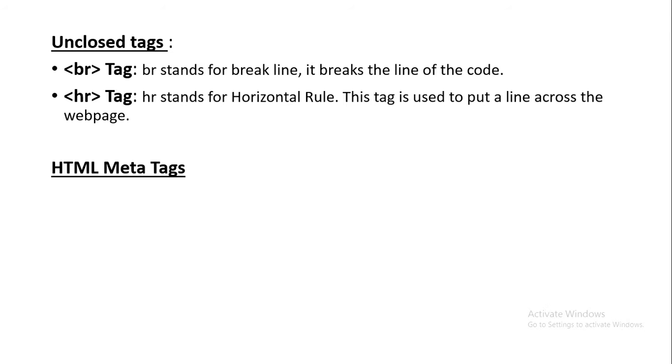So meta elements are typically used to specify page descriptions, keywords about the page, the author of the document, who has written that document, and the last modified, who has modified it last. And the other metadata, whatever data you're using, will never show on the page.